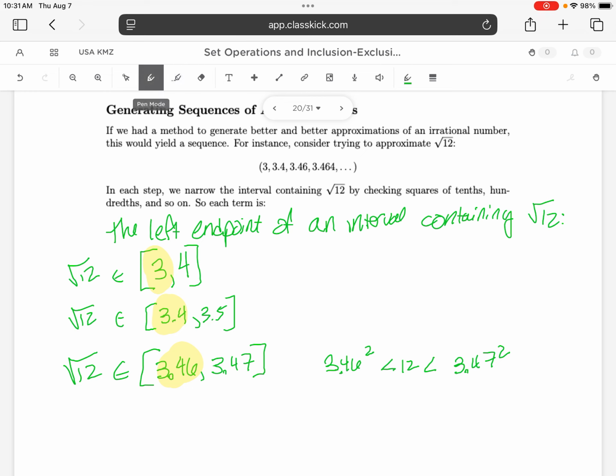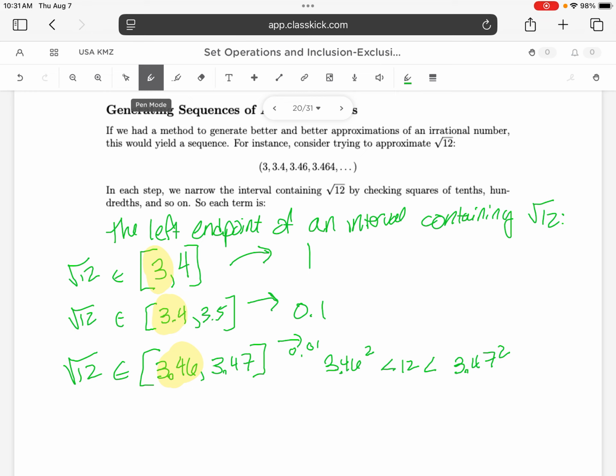So the length of our first interval is 1, I should say. The length of our second interval is 0.1. The length of our third interval is 0.01, and so on. So it's shrinking by a factor of 10 each time.